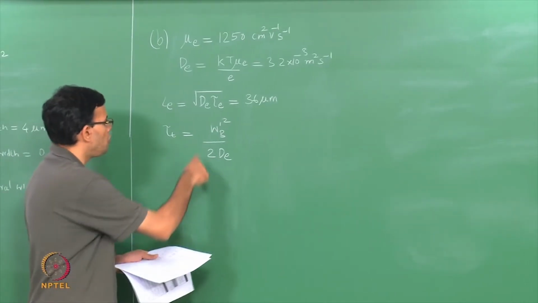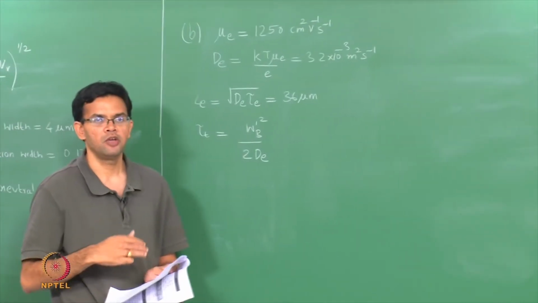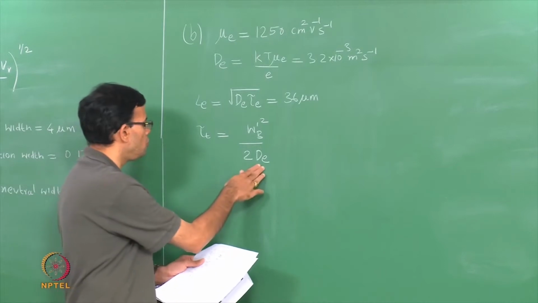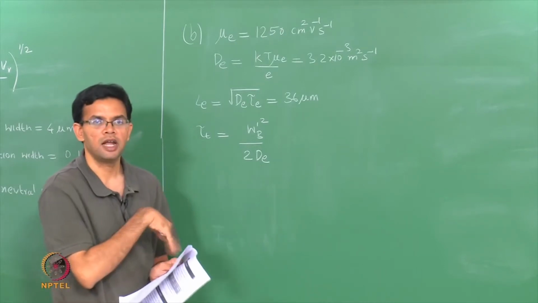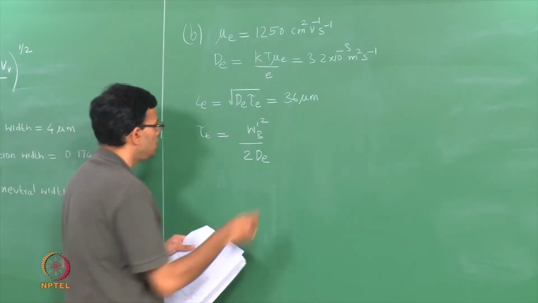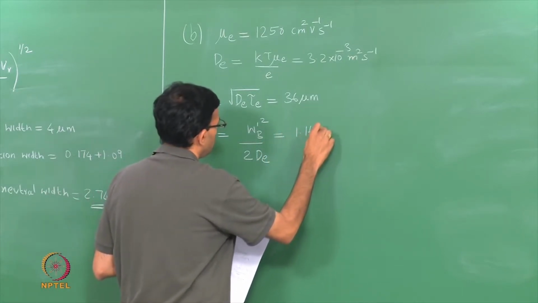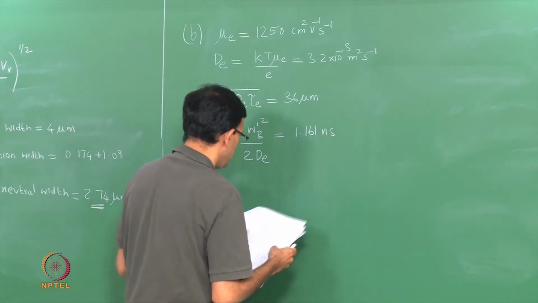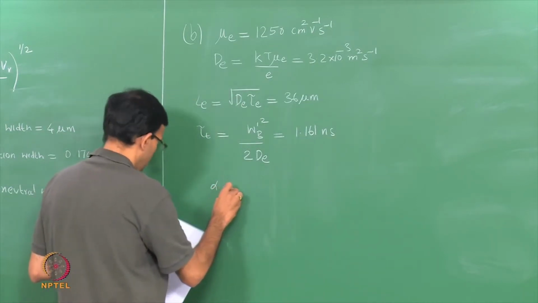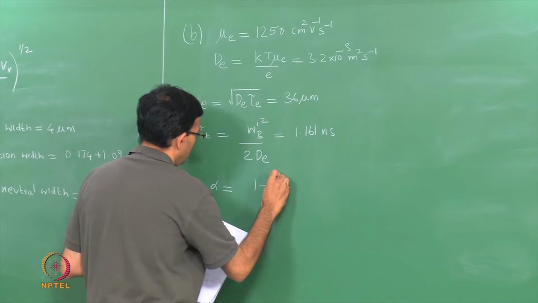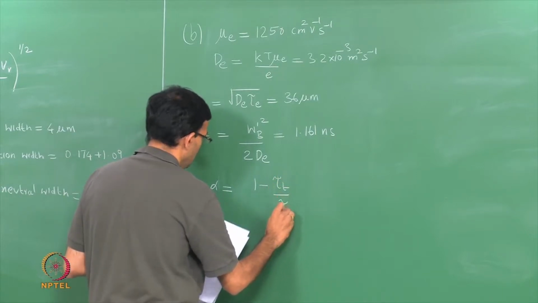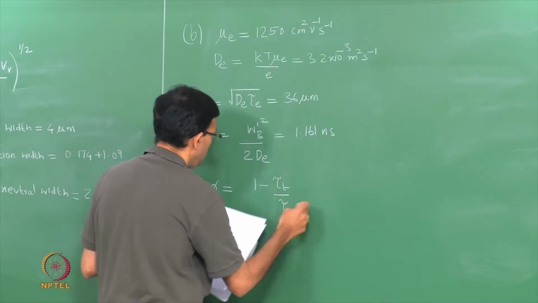So, last time we wrote it as WB equal to square root of 2d times tau, just writing it the other way. So, this is the transit time and this has a value 1.161 nanoseconds.